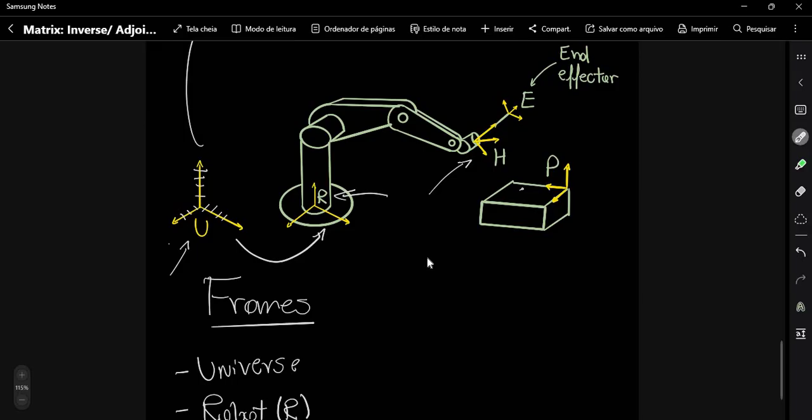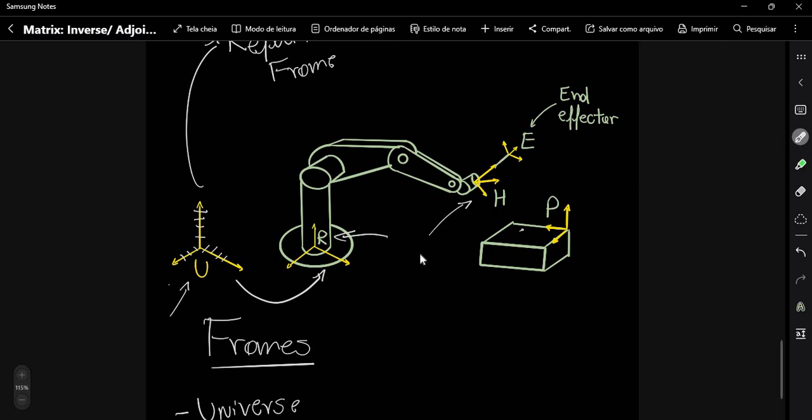But let's do it step by step. What is the task that this robot has to perform? It is to drill a hole on this workpiece.